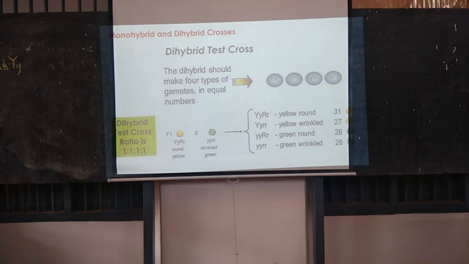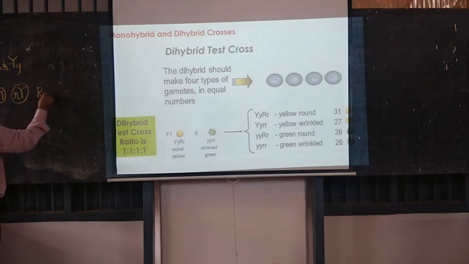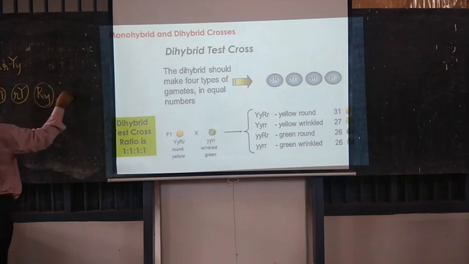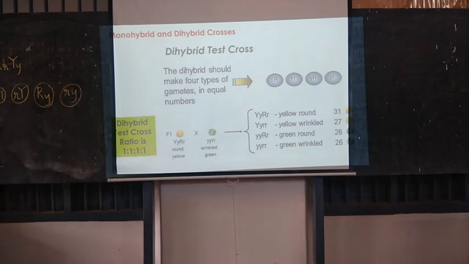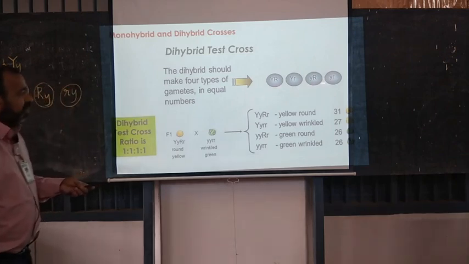So it will produce 4 types of gametes, like this: capital R, capital Y; small r, capital Y; capital R, small y; and small r, small y. So these are the 4 types of gametes formed here.